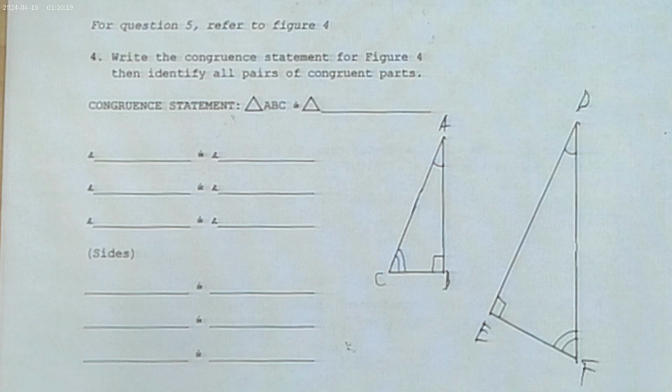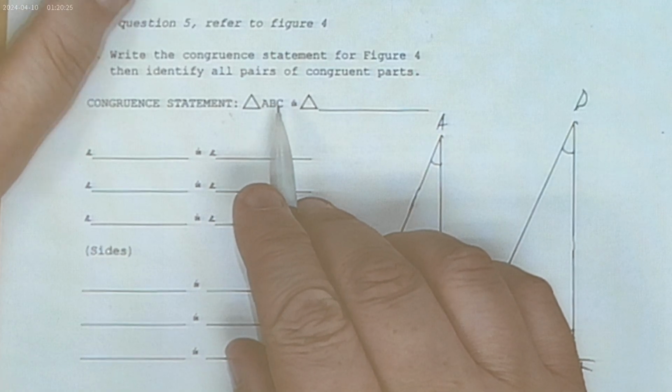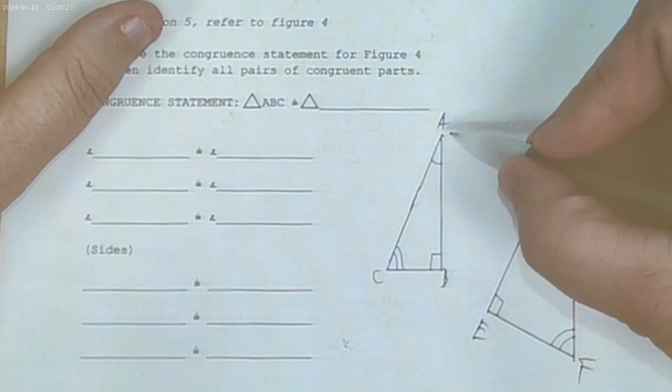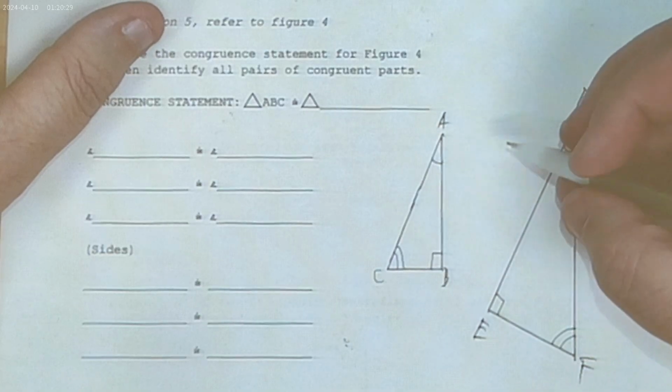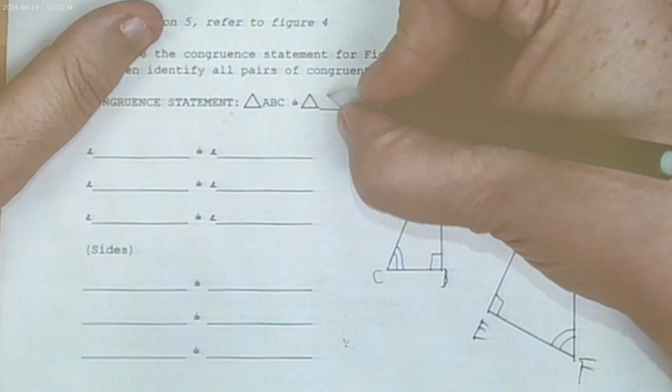So with this one, if this is triangle ABC and I'm referencing triangle ABC, then that means that this is triangle DEF.